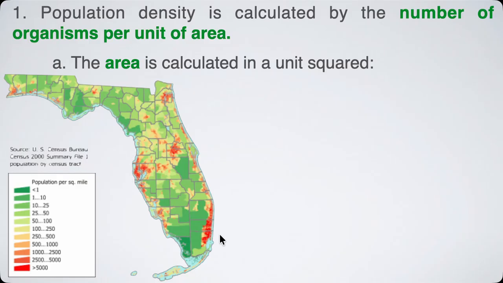Per square mile, if you have less than one person, like in the Everglades, where you're not allowed to really live anyway, it's just a swamp, and this is from 2000 by the way, you're going to have a very dark green. Whereas if you have a city that is densely populated, you're going to have probably more than 5,000 people per square mile. You've got Orlando and Miami and all these other big cities. Here we have our densely populated areas.